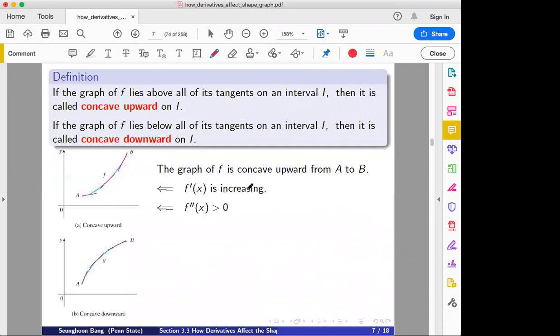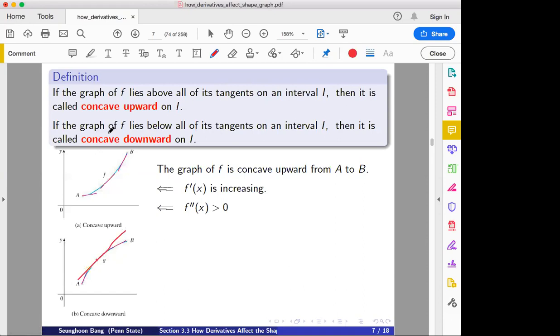So for another one, this graph is concave downward. Why? You can choose this point and draw a tangent line. So like this, this is f of x. f of x is below the tangent line.